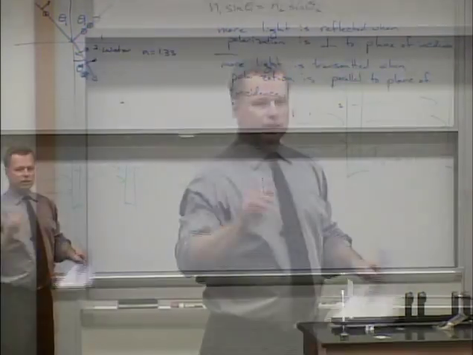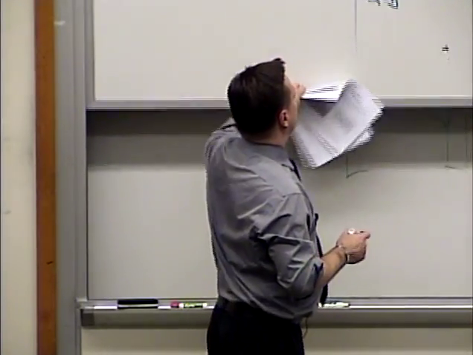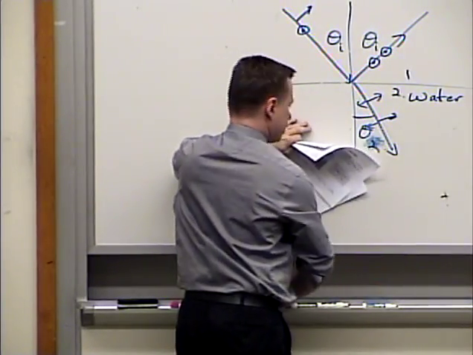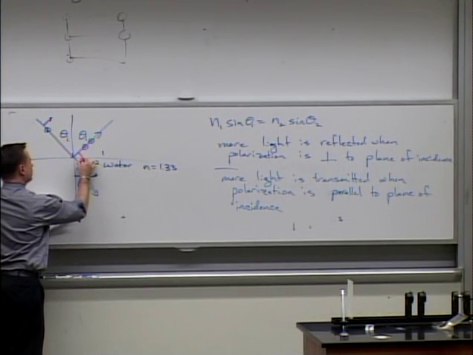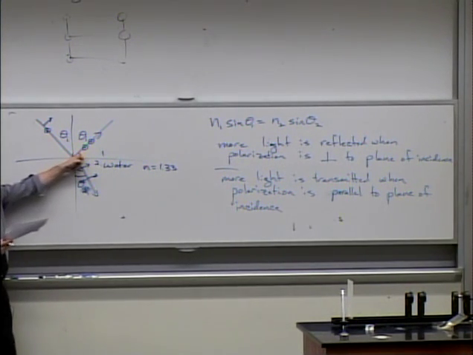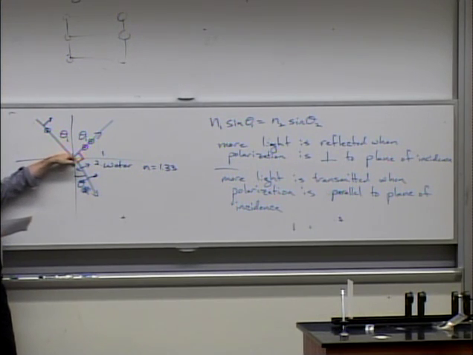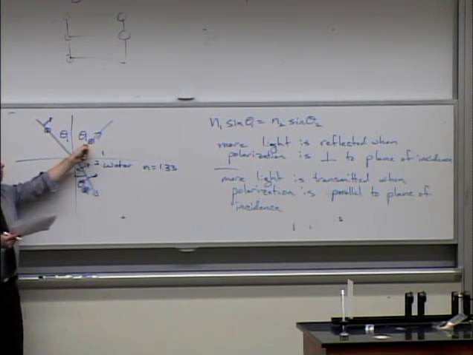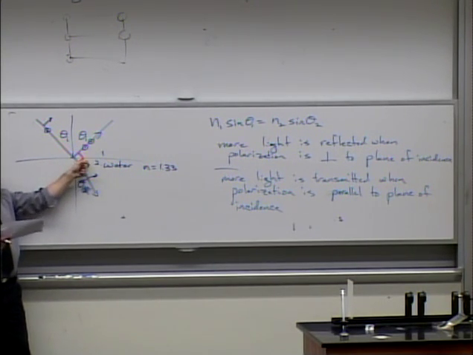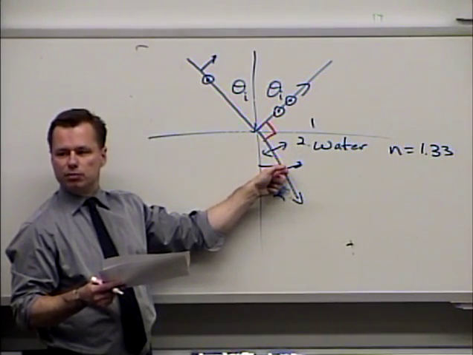Now, something really neat happens. And we see this experimentally, and we figure this out, that when the angle between the reflected and the transmitted beam is 90 degrees, then the light that's reflected is perpendicular to the plane of incidence, and the light that's transmitted is parallel to the plane of incidence.